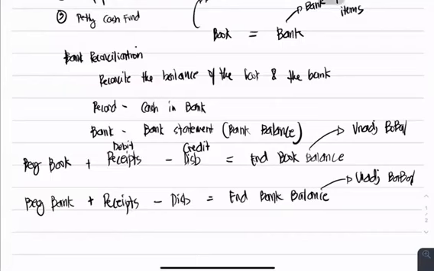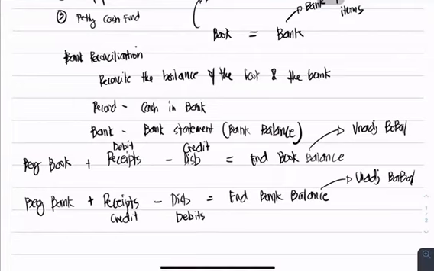Book credits means book disbursement. For bank, receipts is known as credit, so bank receipts is known as bank credits. Bank disbursement is known as bank debits.